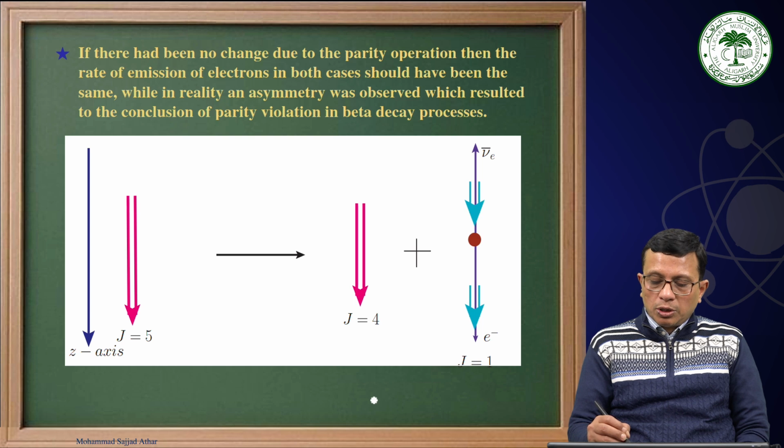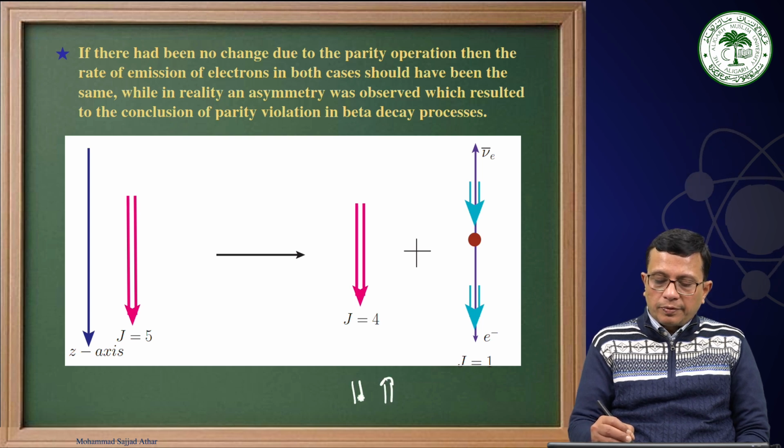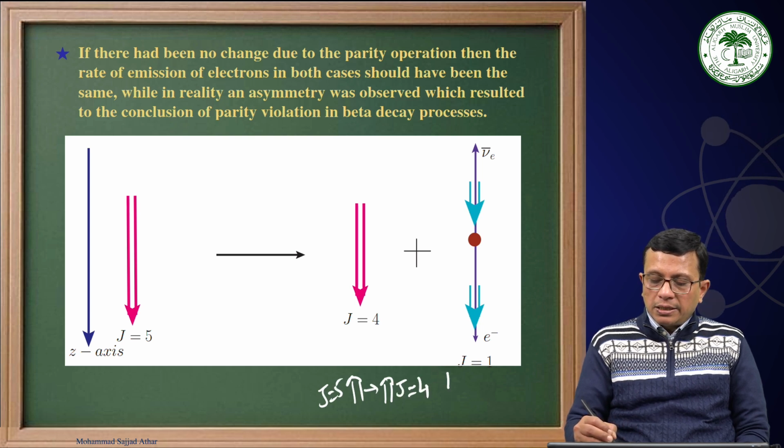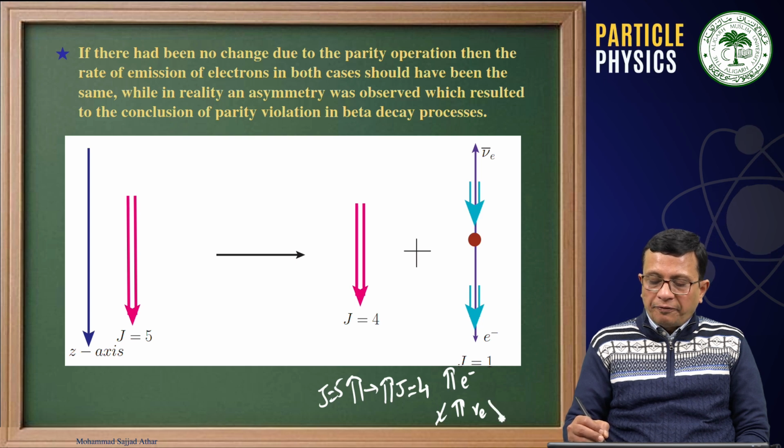But what I had told you is that when we are talking about angular momentum J equal to 5 giving rise to J equal to 4, and a spin of the electron in this direction and a spin of the neutrino in this direction, the electrons prefer to come in the southern hemisphere.